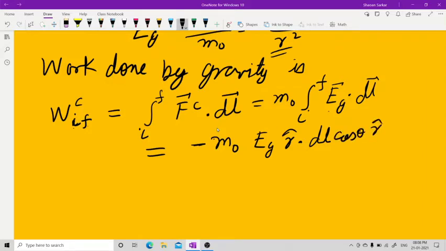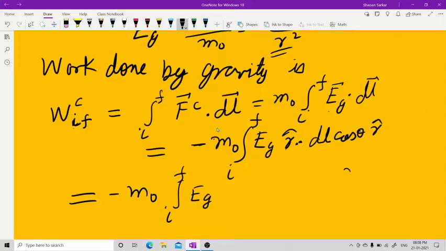Do not forget that the dot product is still there. Now dl cos theta will be taken from initial to final. Now this is minus m naught, EG as it is, from initial to final. This is your r cap. R cap dot r cap is 1 as usual, and when I resolve dl in the direction of dr, I get dr. Now I get EG dr.